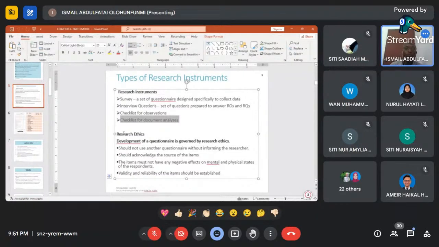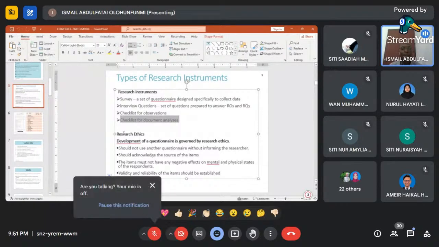That's one. Two, when you use a particular questionnaire, it's better you acknowledge the source of the questionnaire, meaning that you need to tell them that this questionnaire I collected, I did not create it by myself.